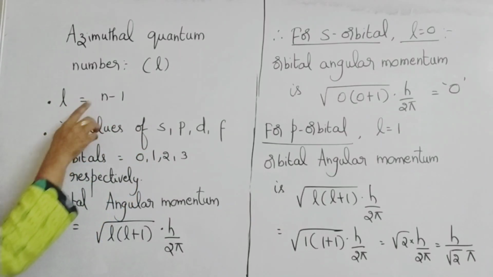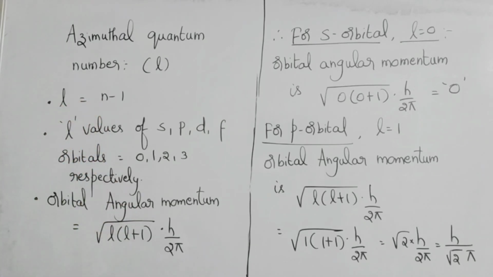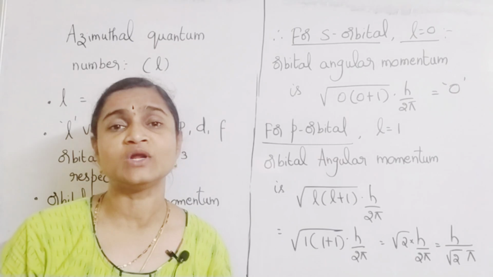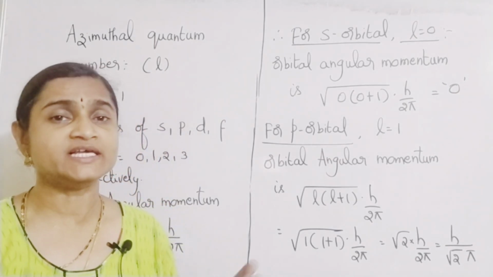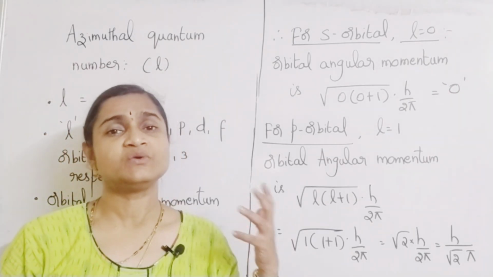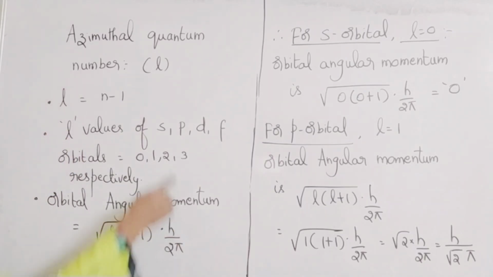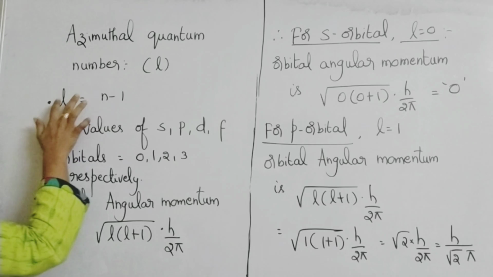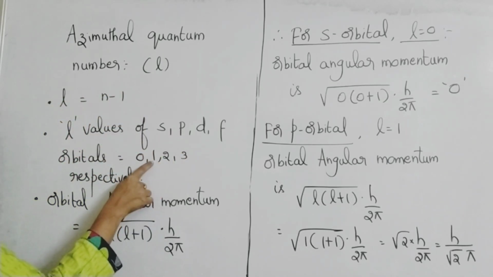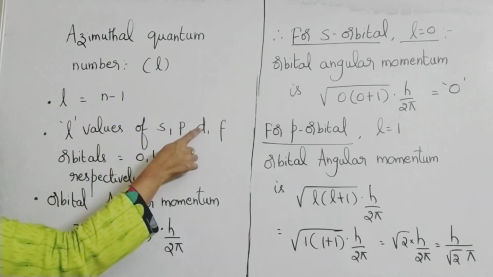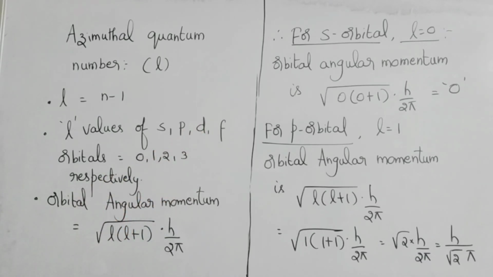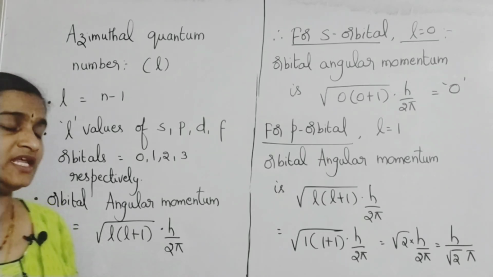Similarly, p starts from the second orbit, so in place of n you keep 2: L equals 2 minus 1. So the L value of the p orbital is 1. Similarly, the L value of the d orbital is 2 and the L value of the f orbital is 3. These are the L values of SPDF. You can remember 0, 1, 2, 3 respectively.